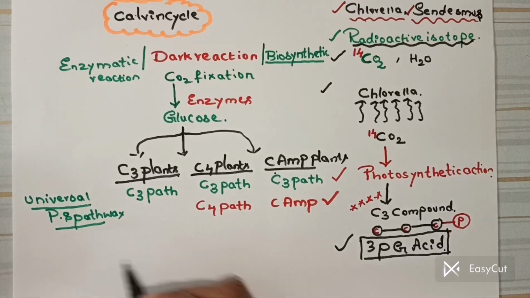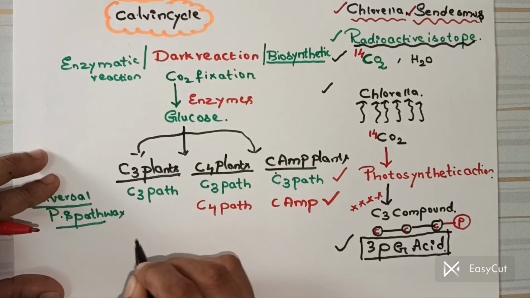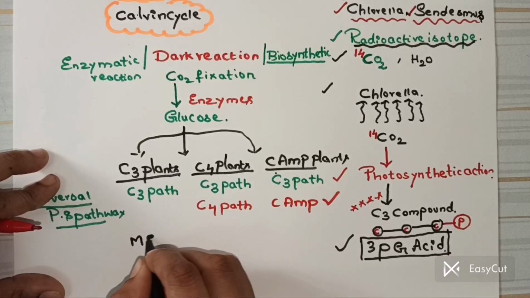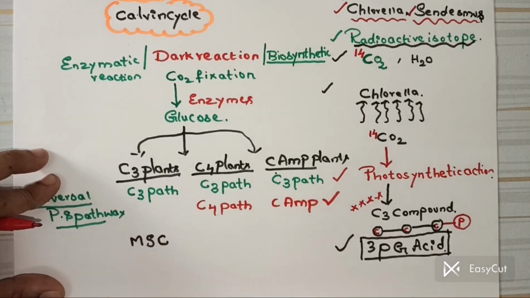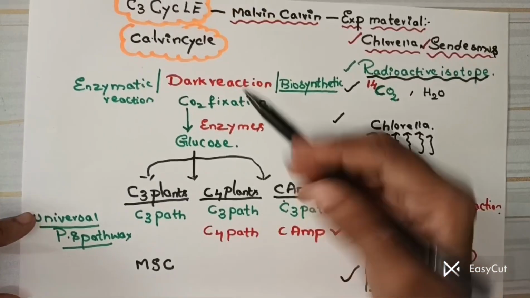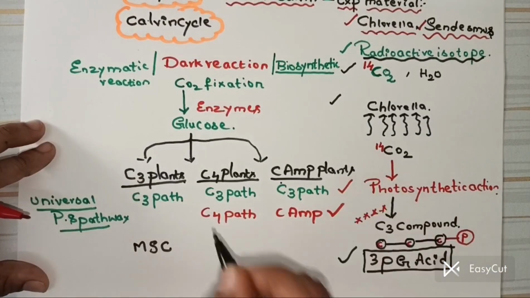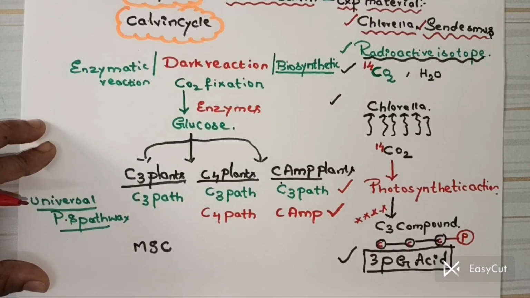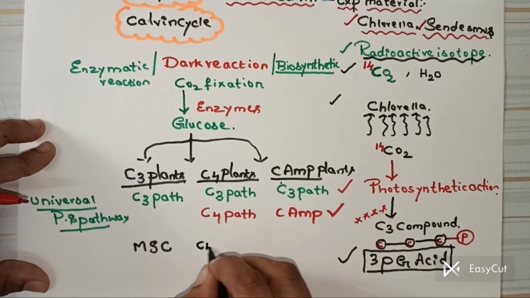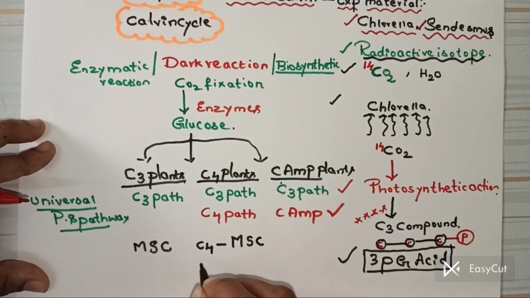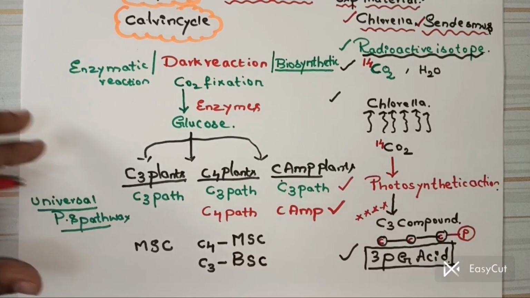Now, another point: the C3 pathway in C3 plants takes place in mesophyll cells. This dark reaction, carbon dioxide fixation, takes place there. But you know one thing, C4 plants perform the C4 pathway in mesophyll cells and the C3 pathway in bundle sheath cells.